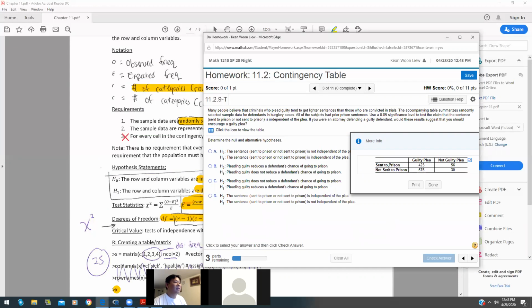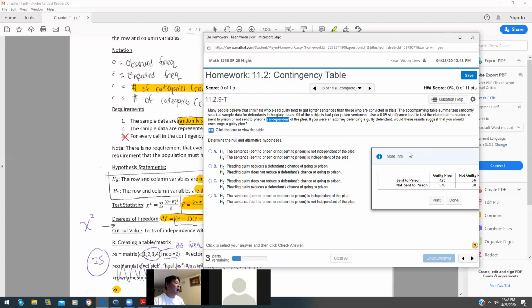So guilty, sent to prison is 423, not guilty, sent to prison is 56, and so on. So test the claim that being sent to prison is independent of the plea. So this is an independence case. And then, which one should we pick for our hypothesis statements in this case?